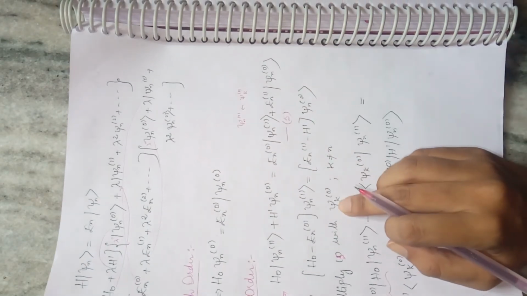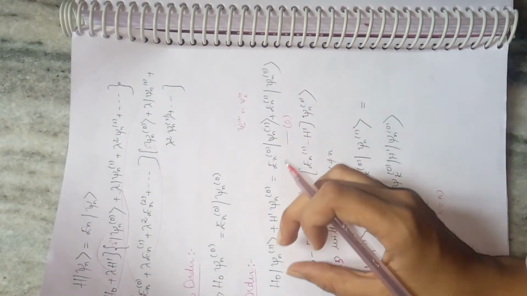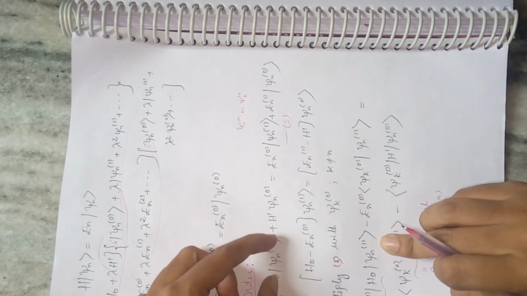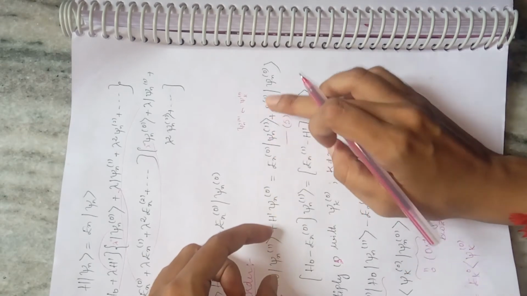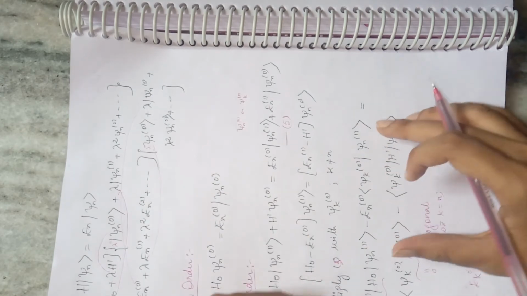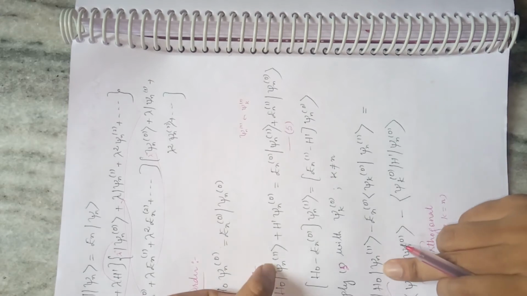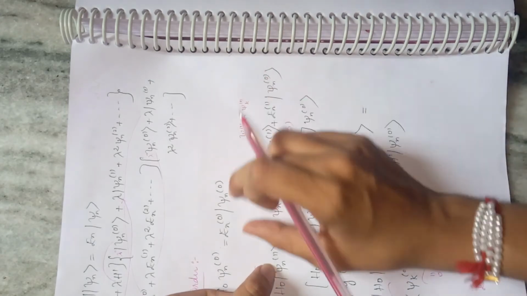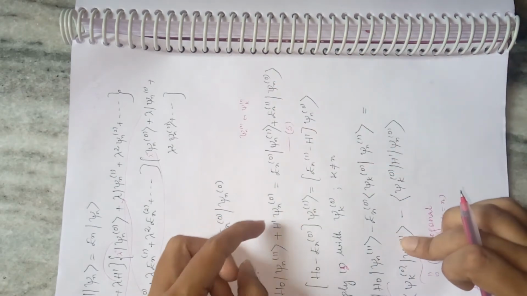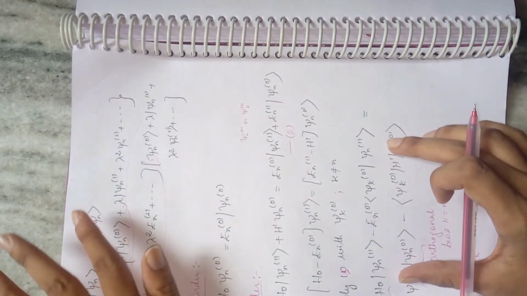So just multiply that psi k naught in equation 5. Everywhere write psi k naught H naught psi n1 and multiply with this and this. I have directly written the next step. What I have to explain here is that psi k naught H naught psi n1 minus, I have taken this term to the left hand side, is equal to this particular thing, and I have taken this term to the right hand side. Just simplify this equation in this form, you will get it.